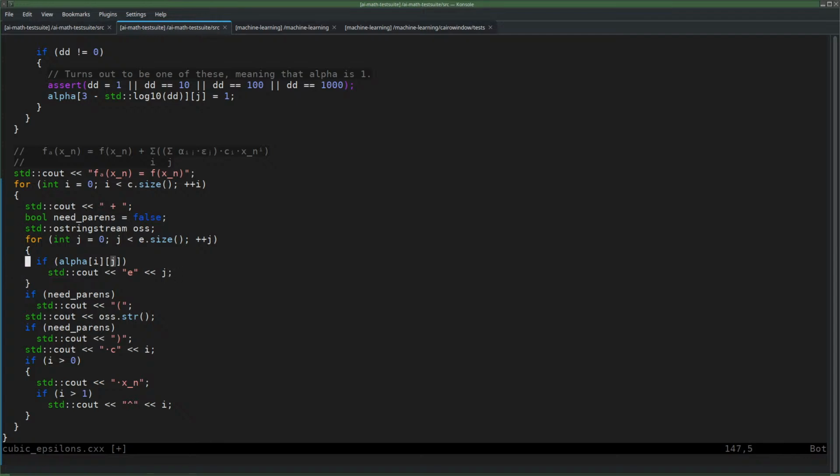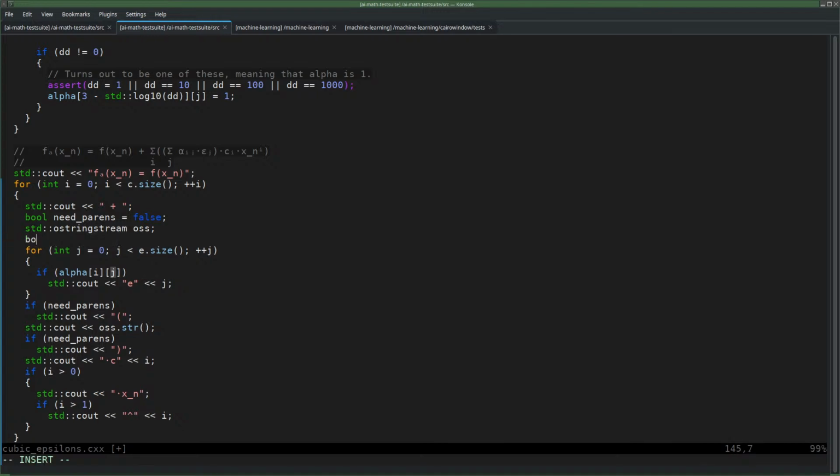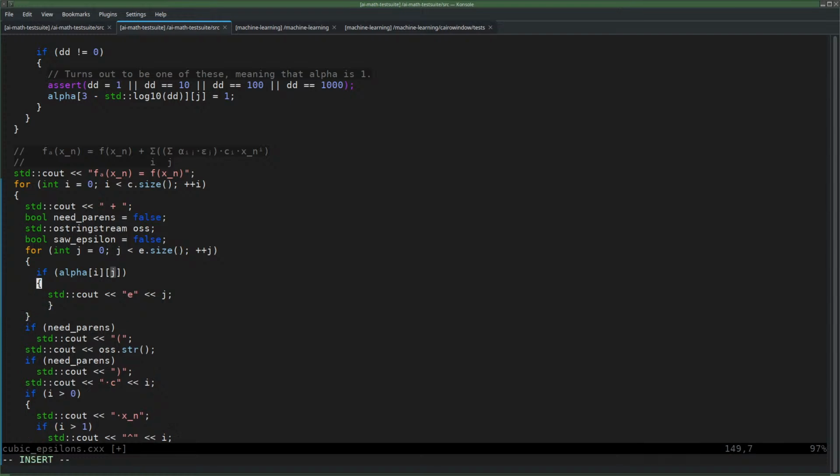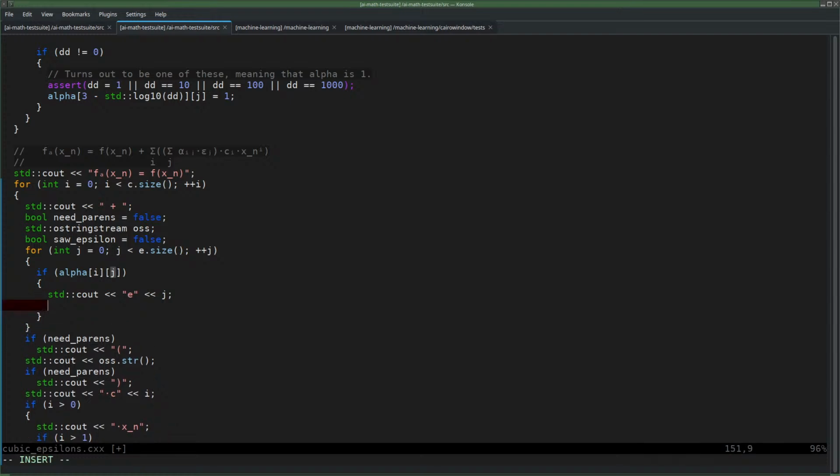And I want to know if we already printed something. If you have nothing at all, well, that's not going to happen. Okay, let's say epsilon is false. So if we have any alpha that is non-zero, then we did see an epsilon.